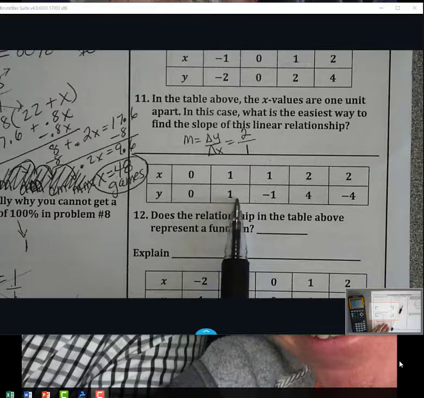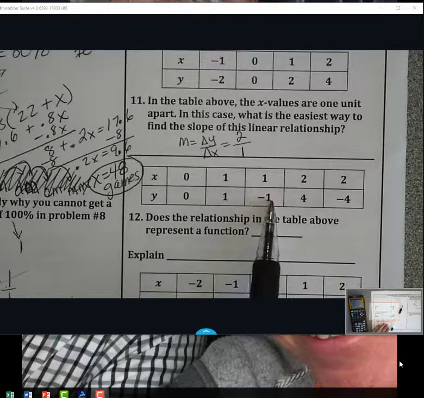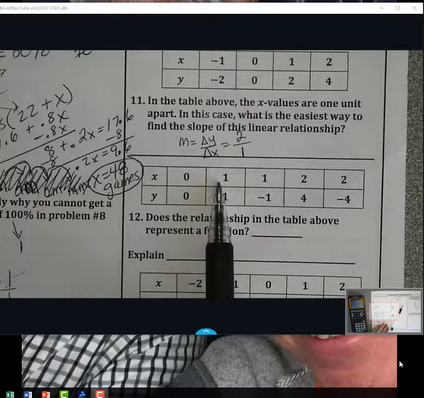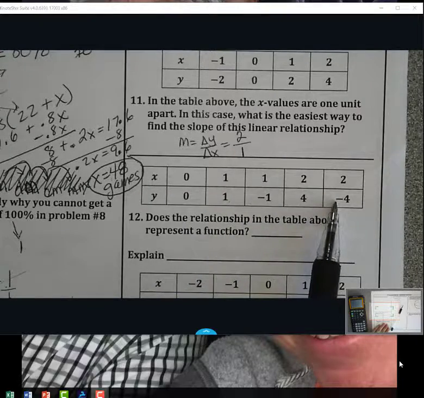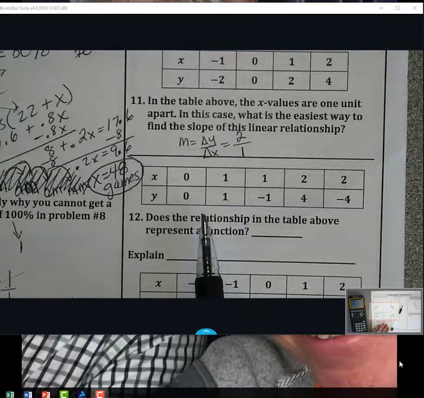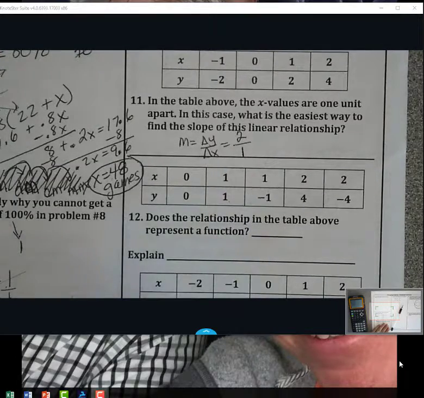Here is an output of 1 and an output of negative 1. However, for both of these outputs, the input was the same, so that doesn't follow the rule. This input of 1 has 2 different outputs.